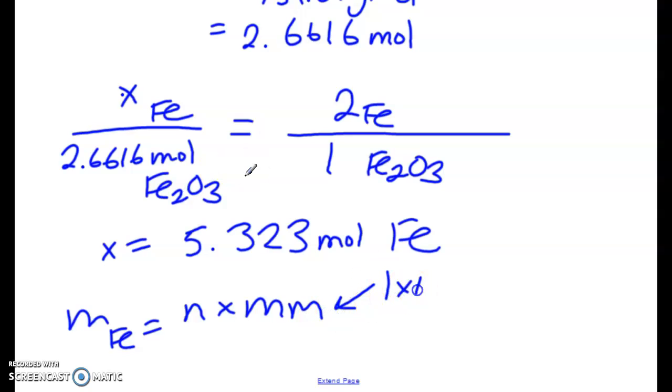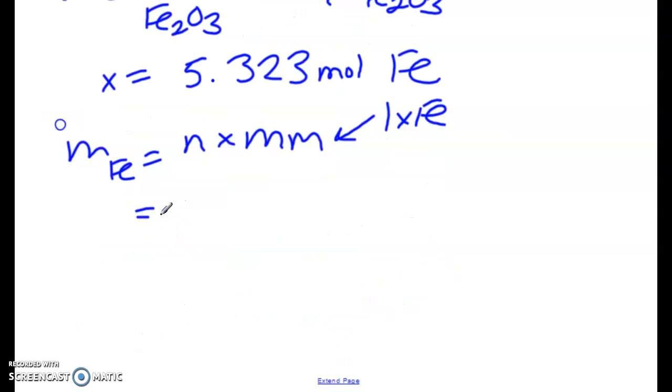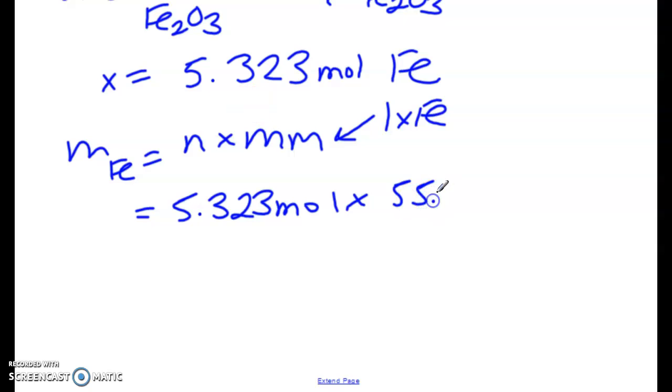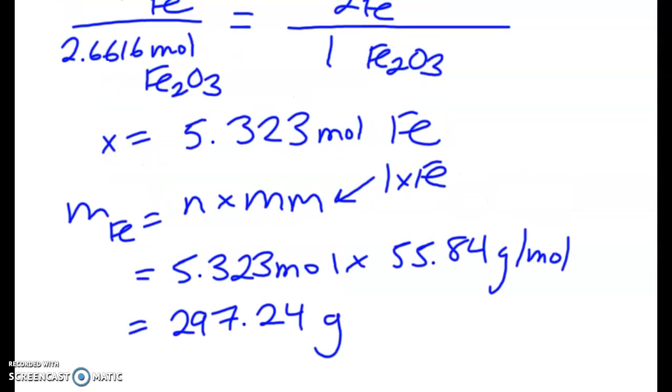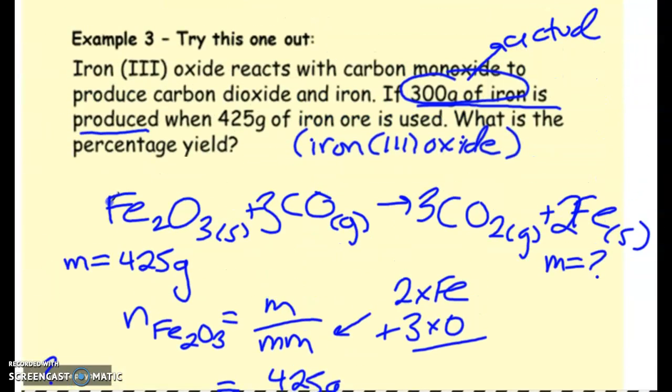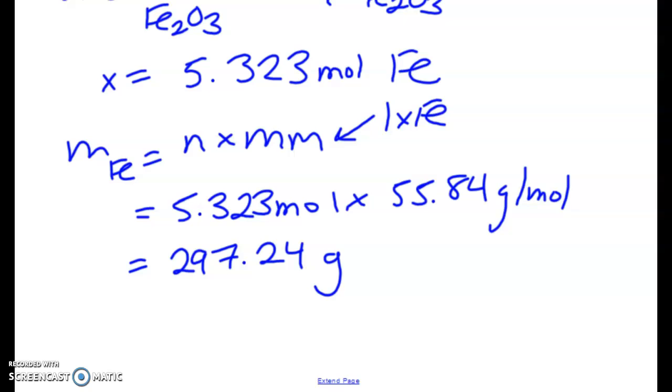This is just going to be 1 iron here. So that's going to be 5.323 moles times 55.84 grams per mole. Okay, so we get 297.24 grams. And actually for sig figs, it's just 1, so this rounds to 300.